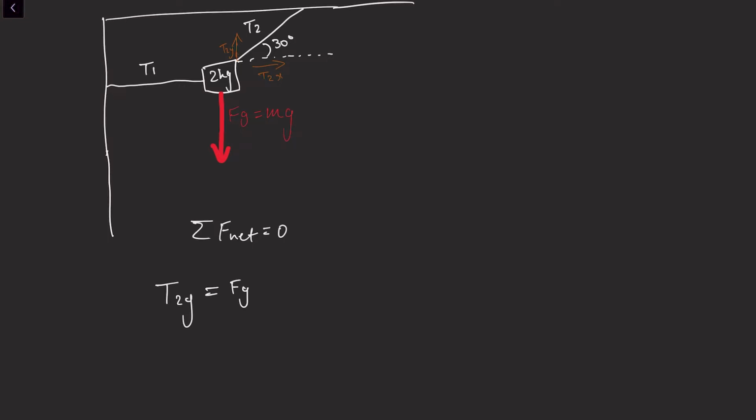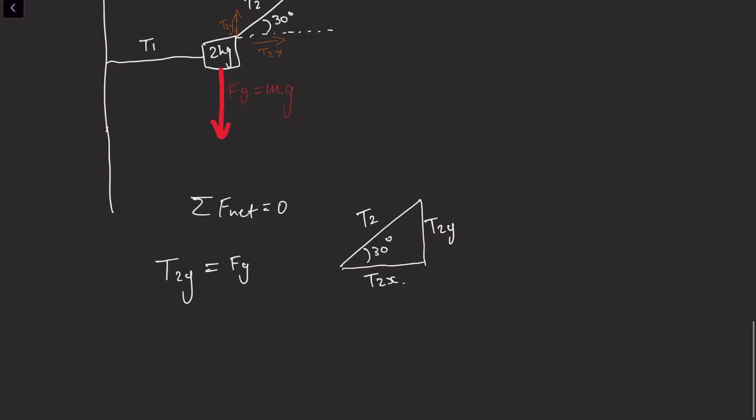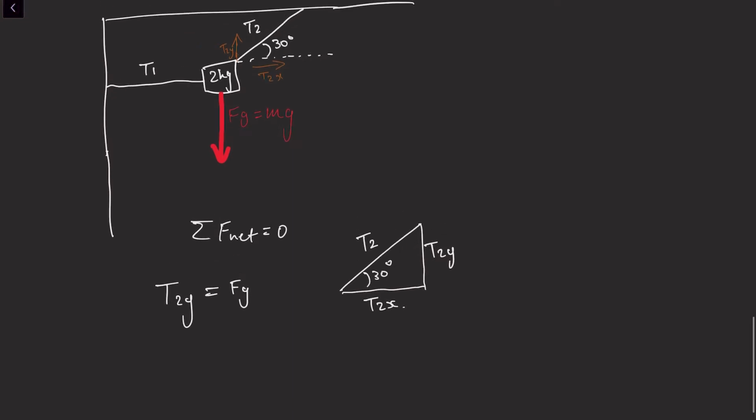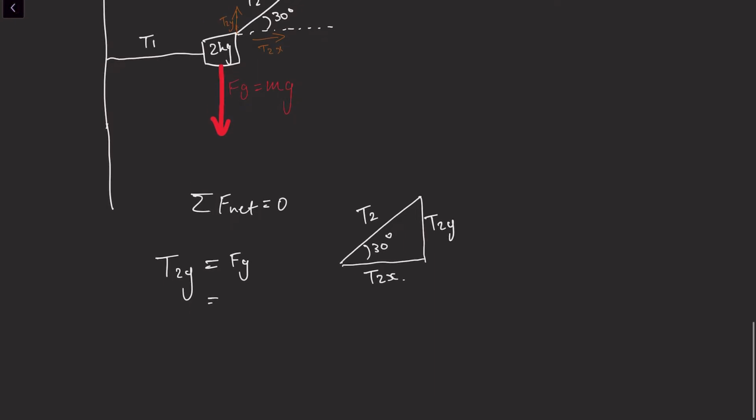To make this a little bit clearer, let's draw a triangle. 30 degrees. This is force T2, and T2 has a vertical component and a horizontal component. So we're looking right now at the vertical component. The vertical component is moving upwards, and the only force that's opposing that right now is the force due to gravity. And this equals mg, of course, the force due to gravity.